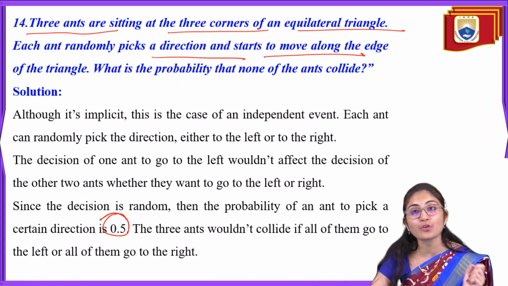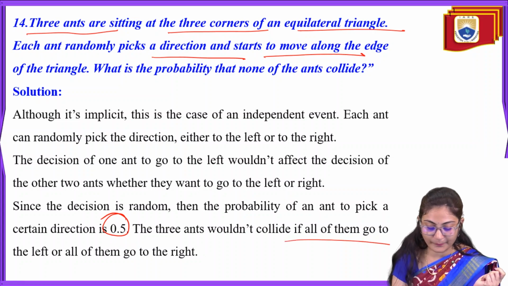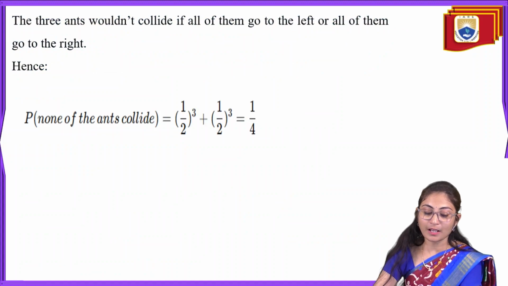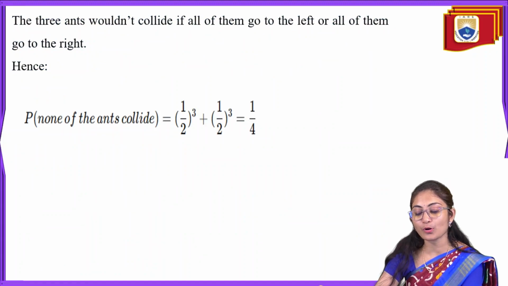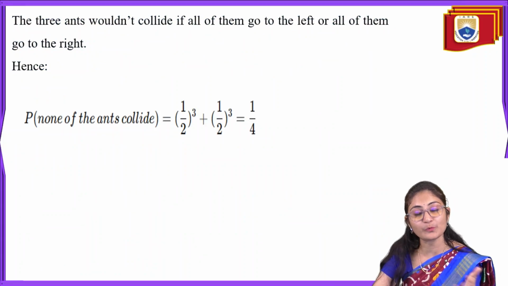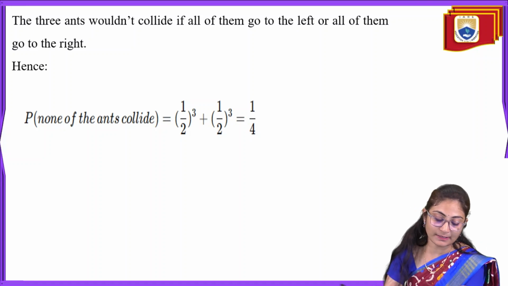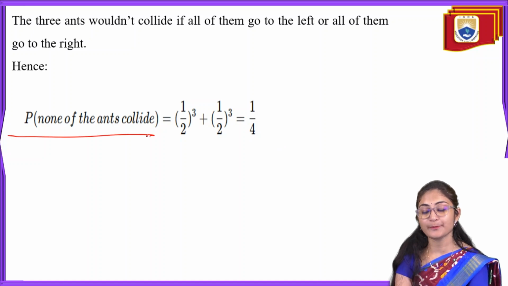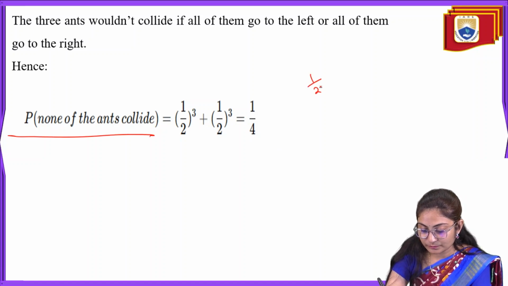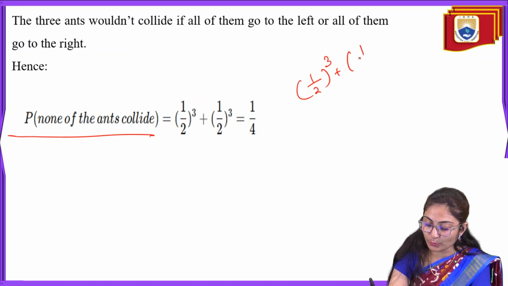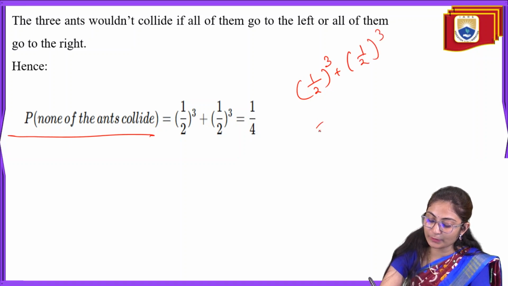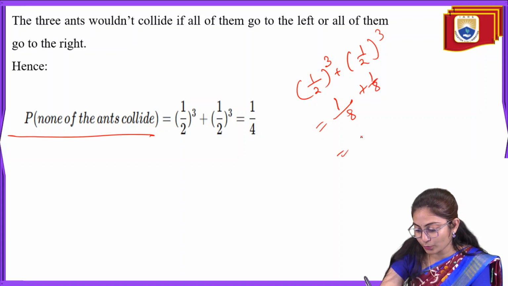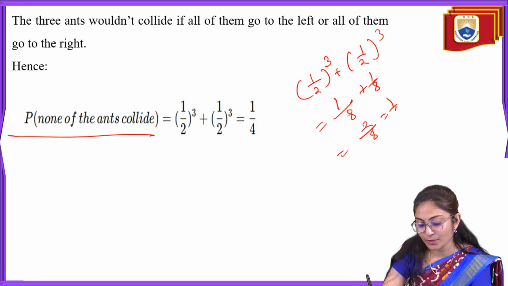So 3 ants would not collide if all of them go to the left or all of them go to the right. So we can say that P of none of the ants colliding is 1 by 2 cube, which is 1 by 8, plus 1 by 8, that is 2 by 8, which is 1 by 4.